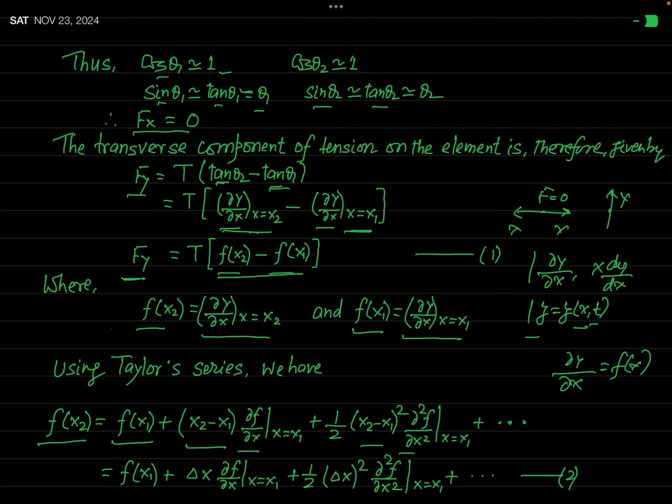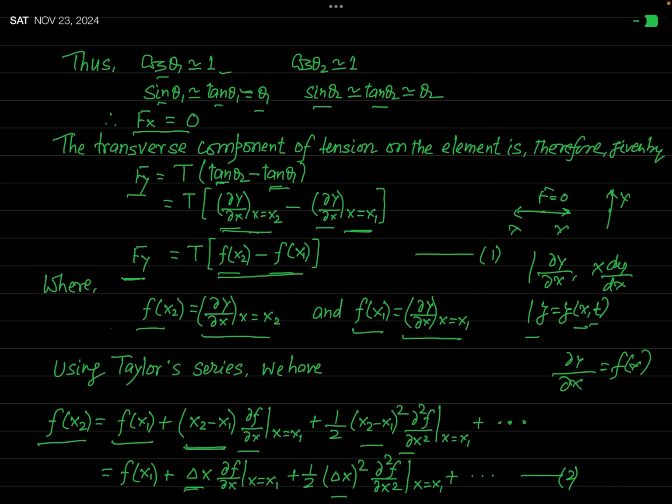The third term is 1 by 3 (x2 minus x1) whole cube del 3f by del x cube at x equal to x1, and so on. Now as you have seen in the figure, I have assumed that this x2 minus x1 is equal to delta x. So instead of x2 minus x1, I have written delta x at both places.